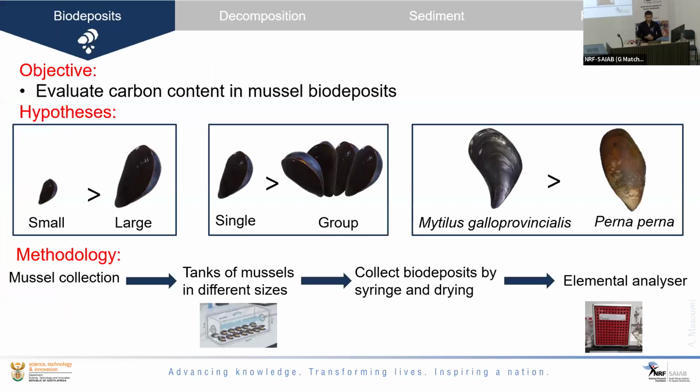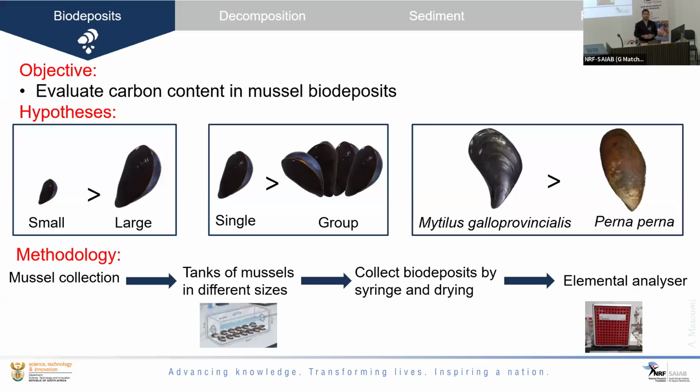For the first chapter, we want to evaluate carbon content in mussel biodeposits in two species, Mytilus galloprovincialis and Perna perna, in different treatments. Our hypotheses are, first, small specimens will produce more biodeposits than large ones by their weight due to a higher rate of metabolism.